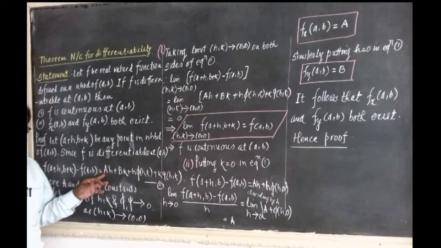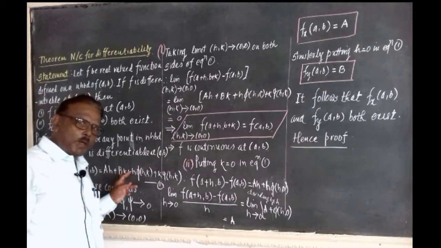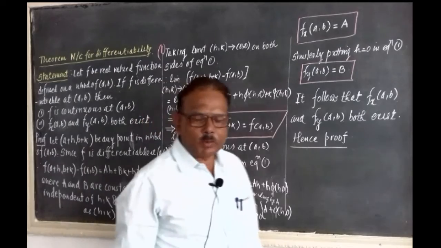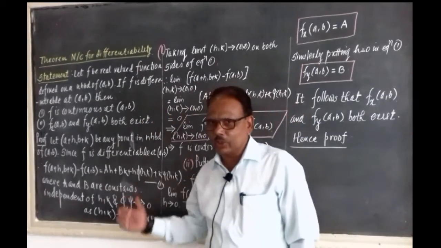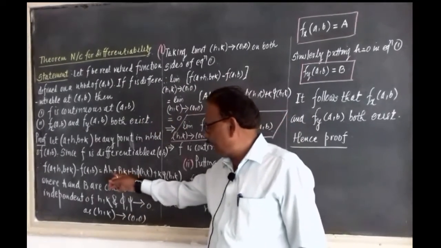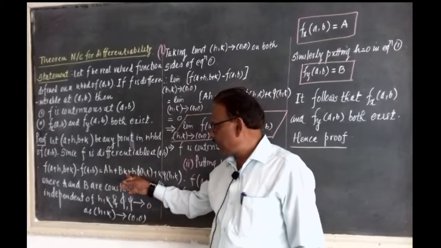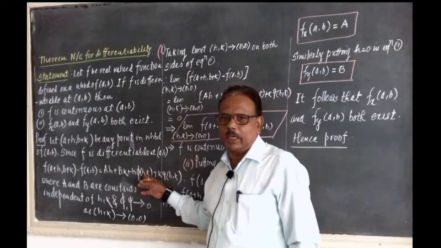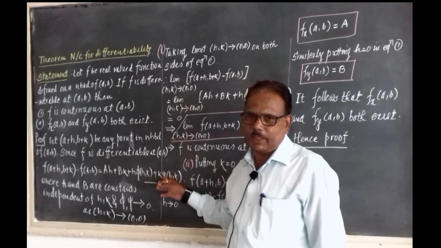Here A is the partial derivative of the function with respect to x, B is the partial derivative with respect to y, h is a small increment in x, and k is a small increment in y.